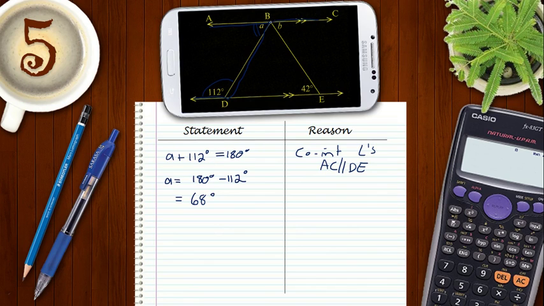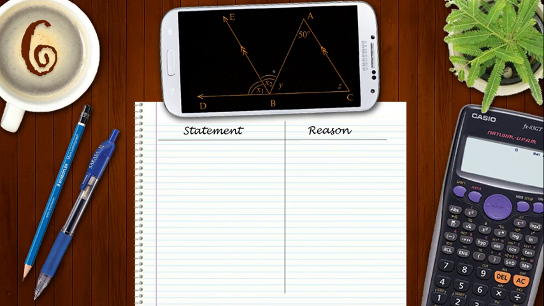This b and this 42 angle form alternate angles. So therefore b is equal to 42, since alternate angles are equal, and our reason is alternate angles, and we say that AC is parallel to DE. Then for example 6, we once again have an x value to solve, y and z.